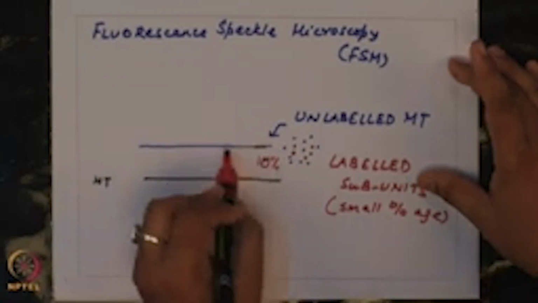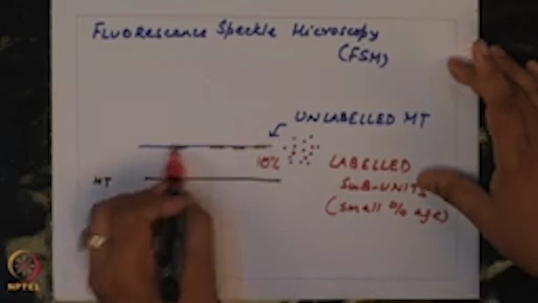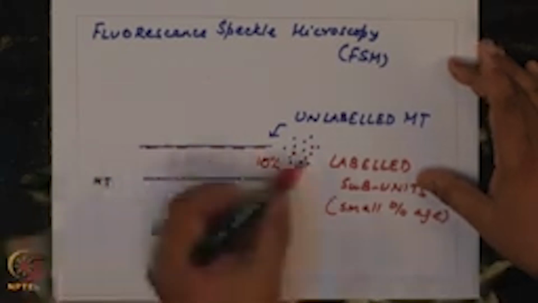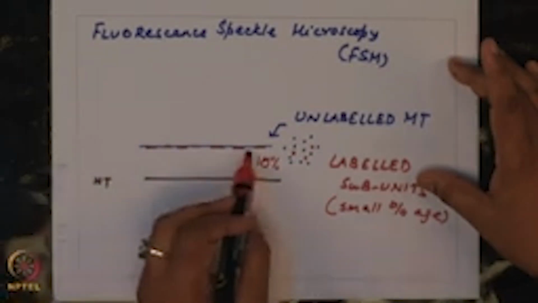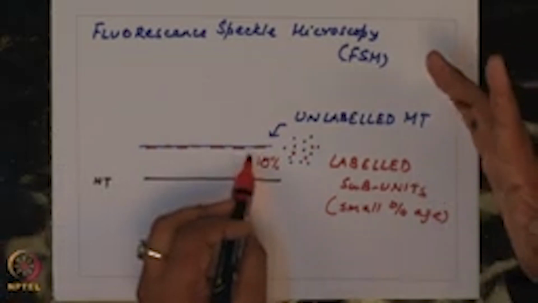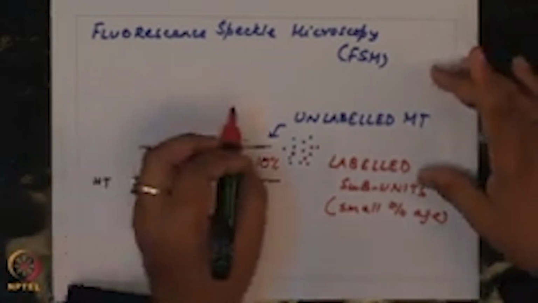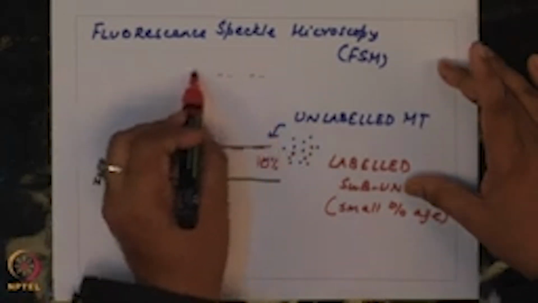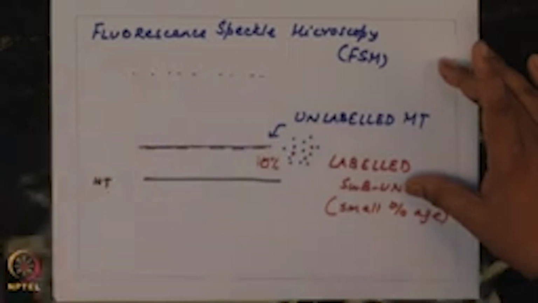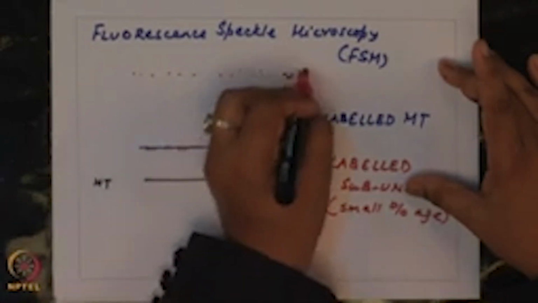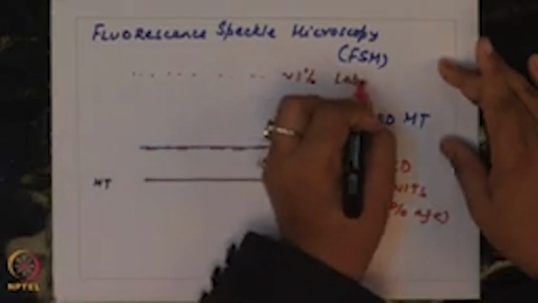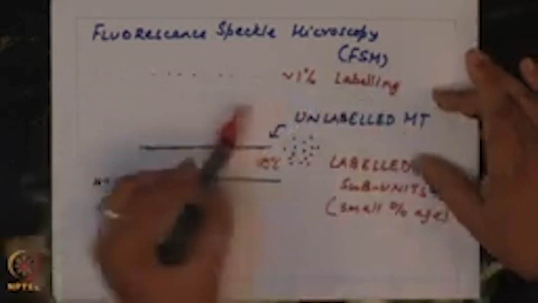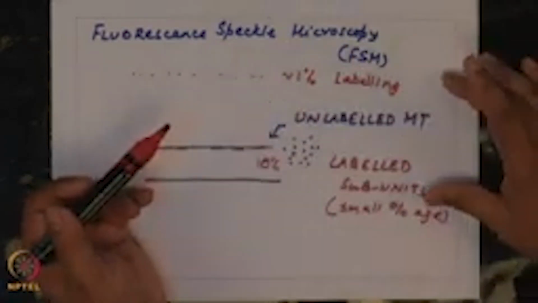So, what you will see is roughly the labeled zones interspaced with black zones which are not visualized. But if you reduce the concentration of labeling significantly, let us say to order 1% labeling, now you do not see the entire structure, but you can guess what that structure is.